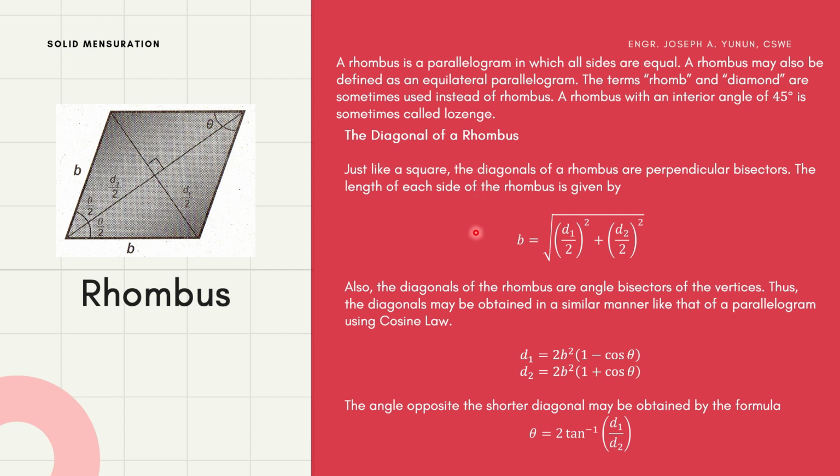Then the diagonal of the rhombus can be solved using this formula here. They say this is derived from the law of cosines. And similarly, if the diagonals are given, you can solve for the unknown side by means of the Pythagorean theorem.